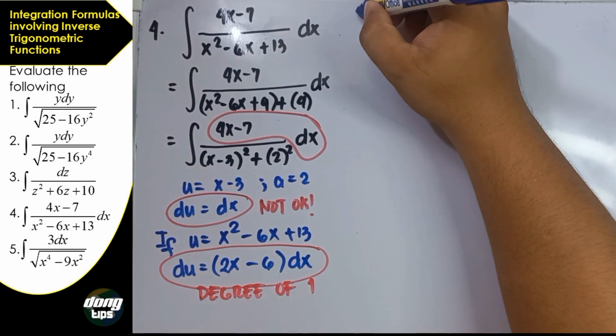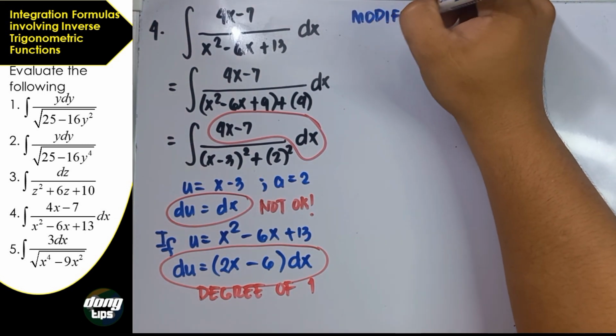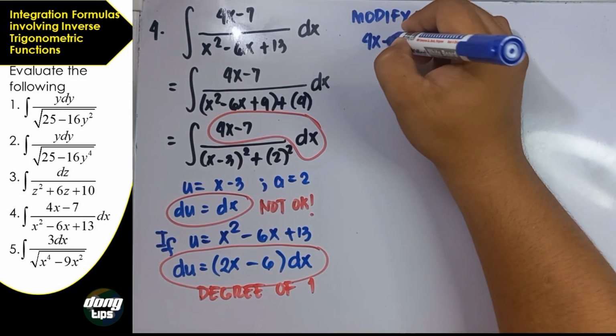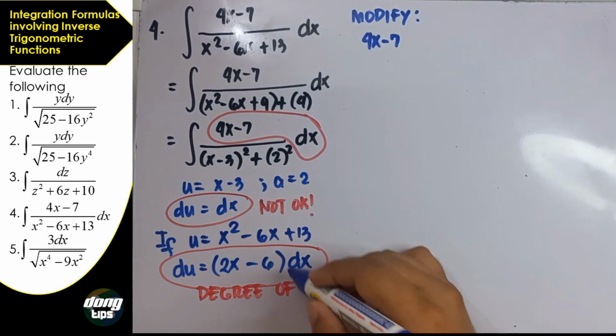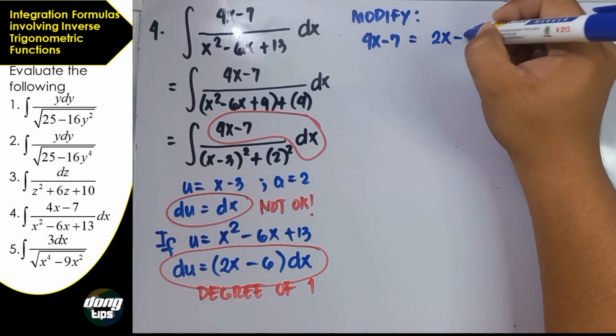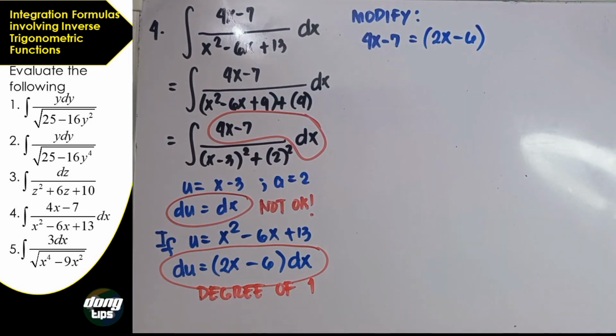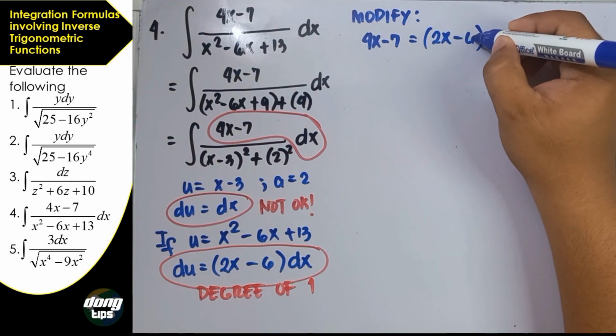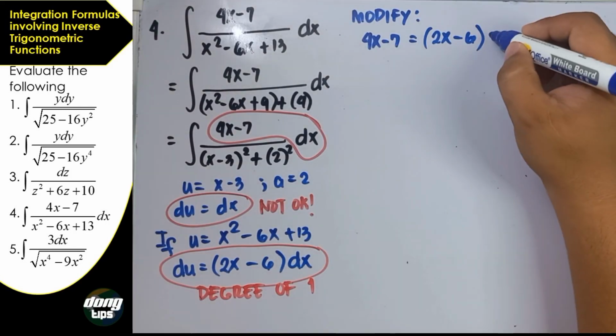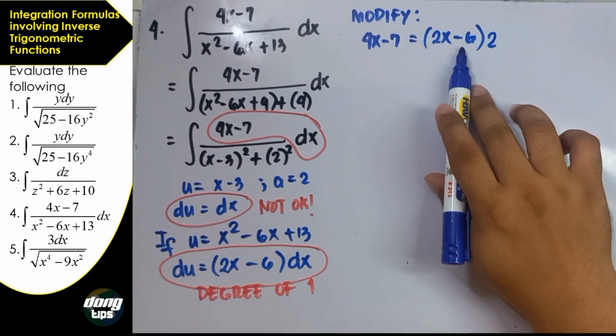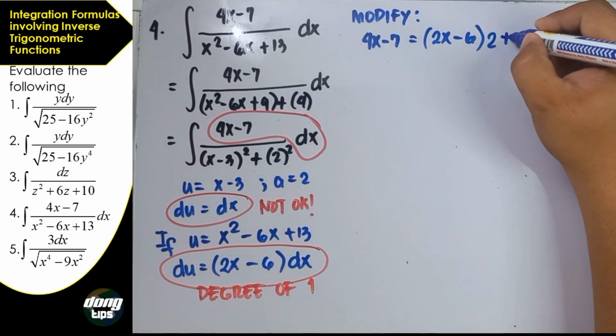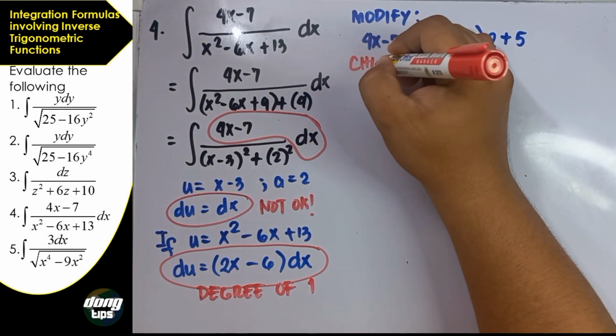The answer is yes. It's actually simple. We modify 4x minus 7 so that it transforms into a function that involves 2x minus 6. Like this one, 2x minus 6 should be multiplied by 2 to get the term 4x at the left. Then we should add 5 to get the term negative 7. You can check the result.